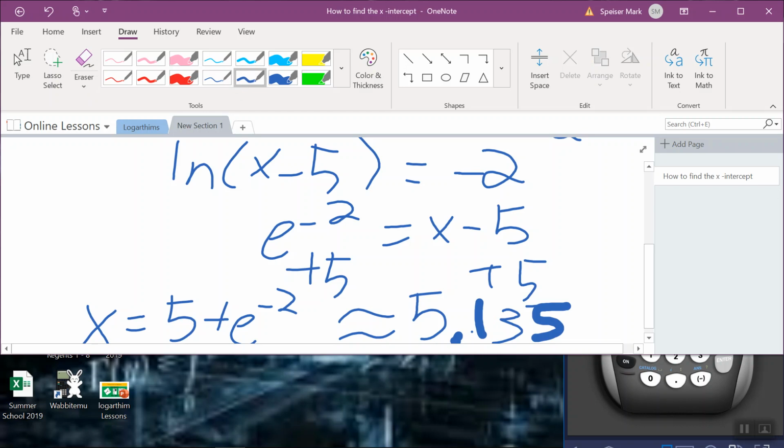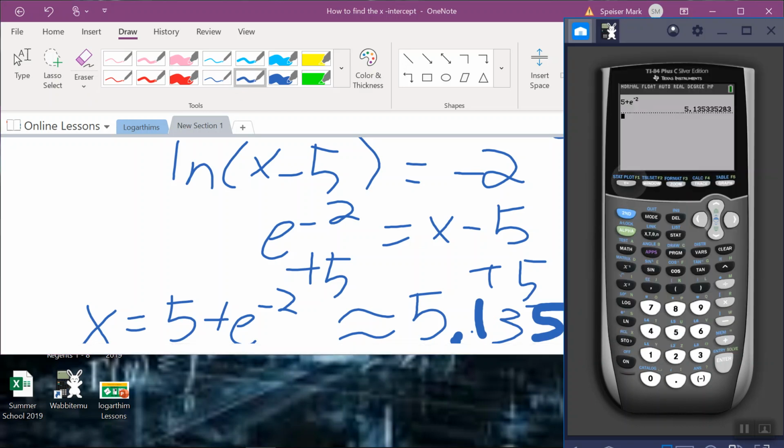Okay. We'll also look at the graphs of these functions. So we'll look at the graph of natural log of x minus 5 plus 2. And you also want to graph the intercept and the asymptote.